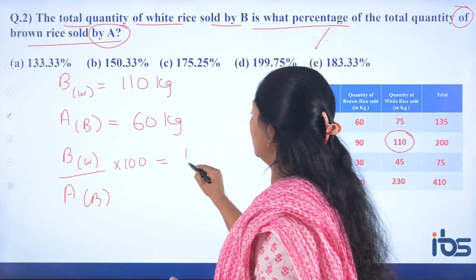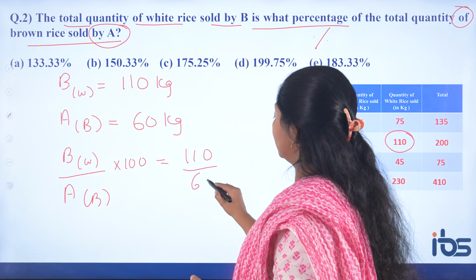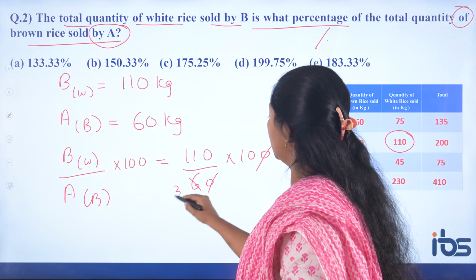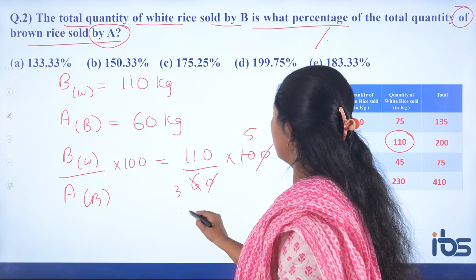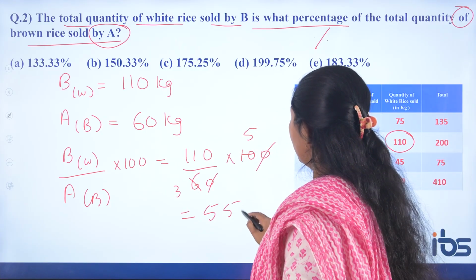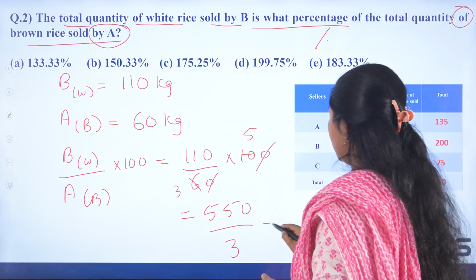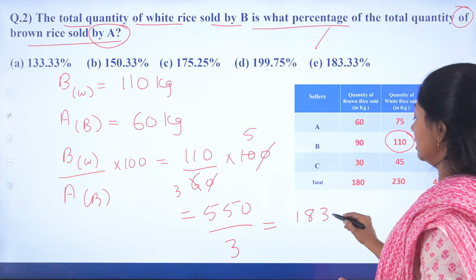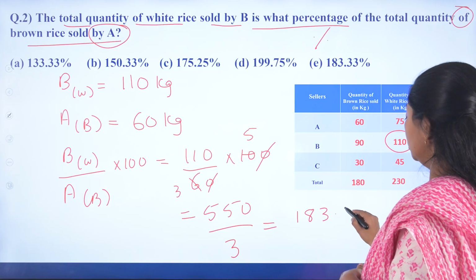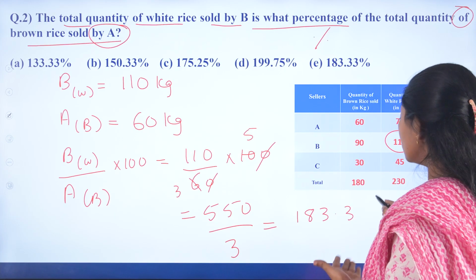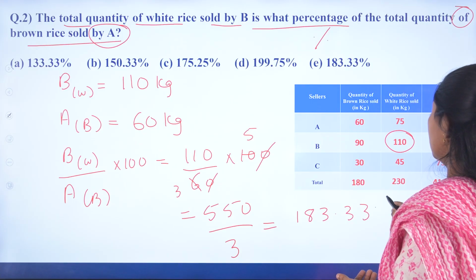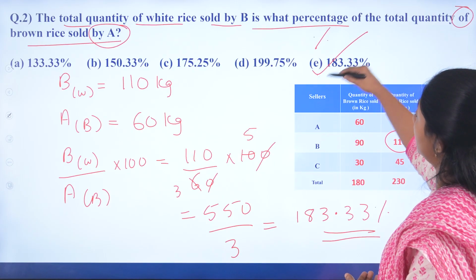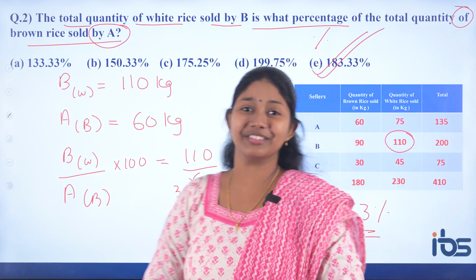What is the value? 110 by 60 into 100. 0, 0 will get cancelled, so you are going to get 550 by 3. That gives 183.33, that is option E, your answer.